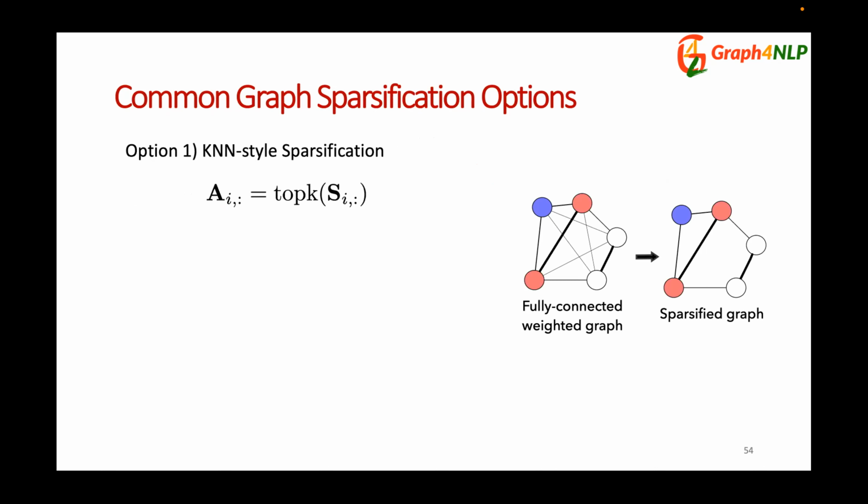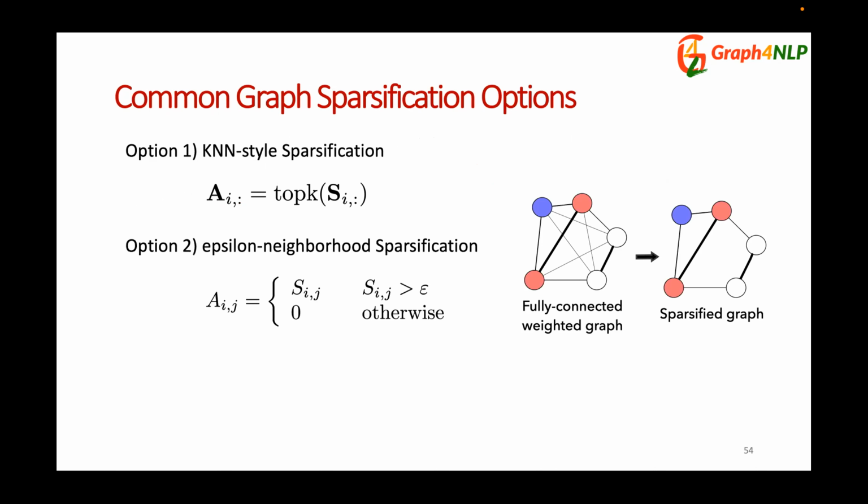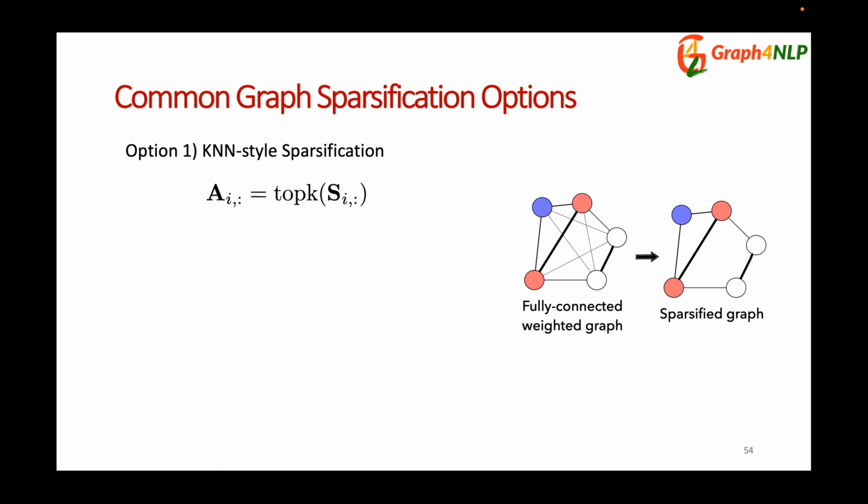For kNN-style sparsification, for each node only the k nearest neighbors and the associated similarity scores are kept, and the remaining similarity scores are masked off. As a result, we get a sparse graph from the fully connected one.